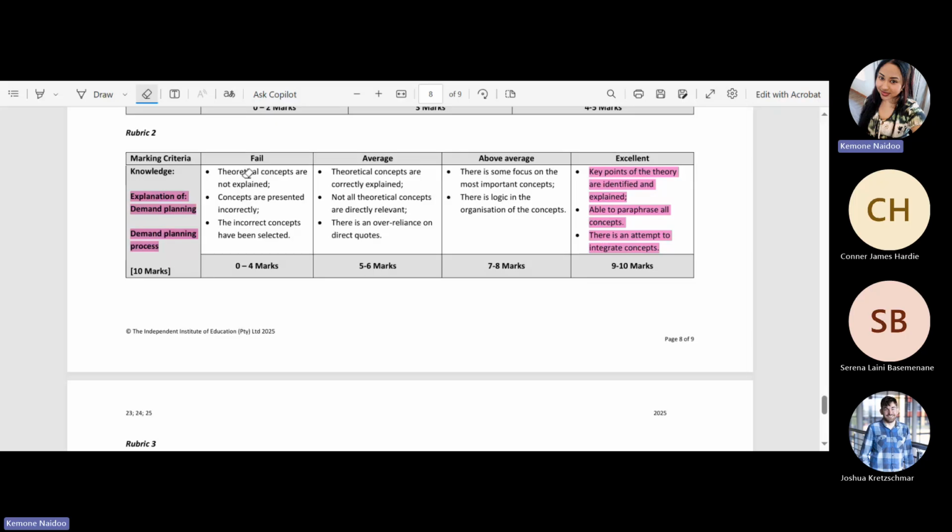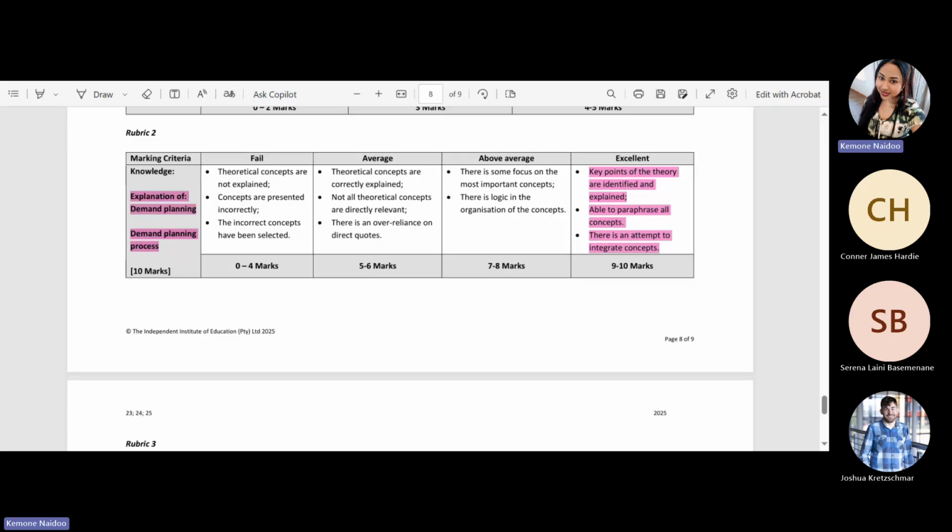Okay, so if they're asking for the explanation of demand planning, just use what you've been given, what you've been learning in class, and along with additional research of your own. Okay, so that is going to give you the theory aspect and a well identified and a well explained theory goes a long way. So take your time with it.